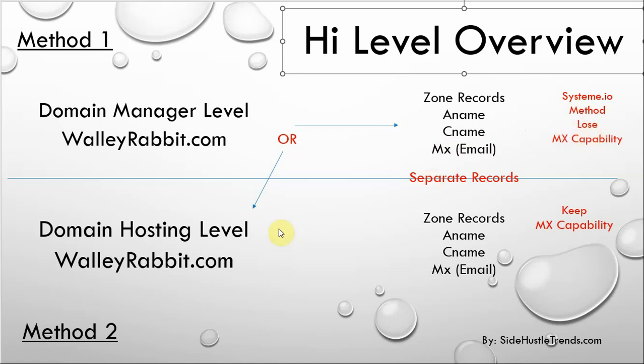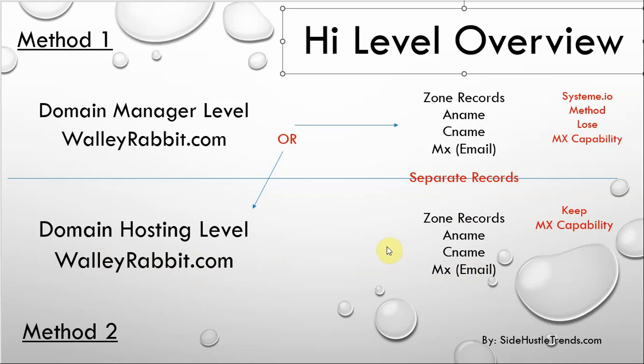But on the other hand, if you were to take a domain and host it, like on Namecheap or GoDaddy for like $20 a year, you also get the capability for zone records, A names, and you get email. So you can actually set up a domain and not even have it go anywhere and get email. So Bob at wallyrabbit.com would work and come in here.